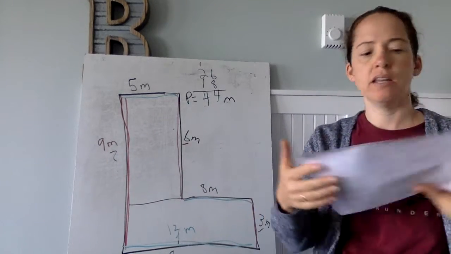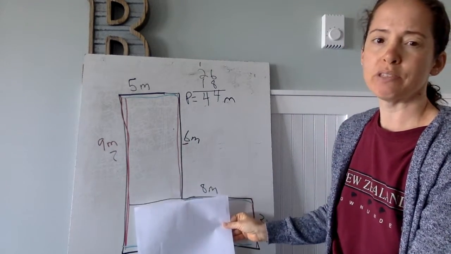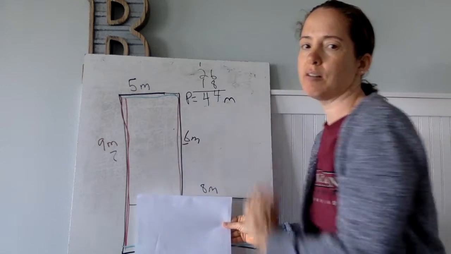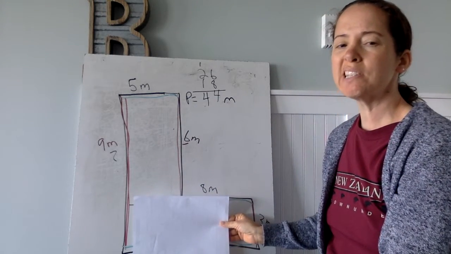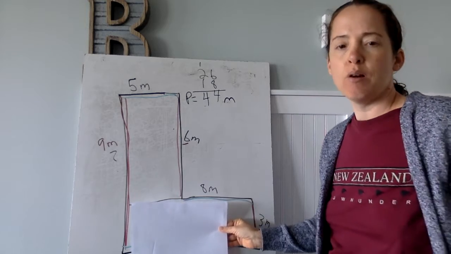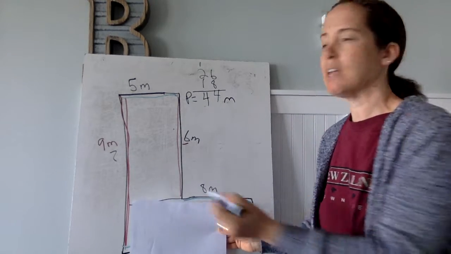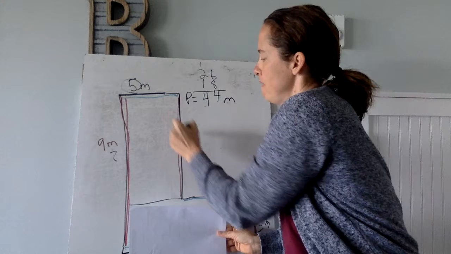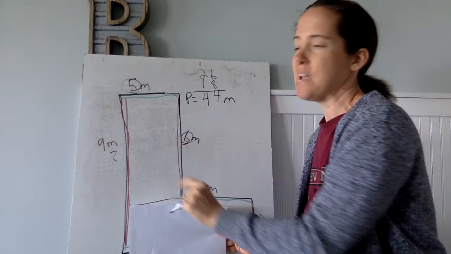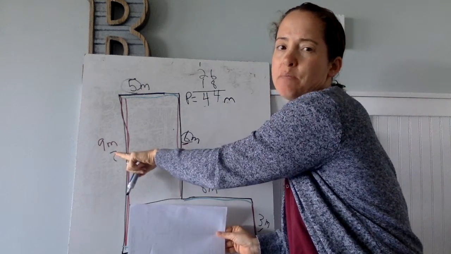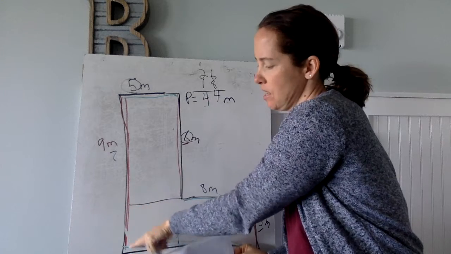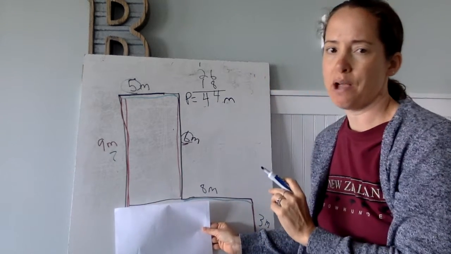So let's pretend that I'm going to cover up this whole bottom part. I'm just going to consider this rectangle. What is its length and width? Well, I know its width and length are 5 and 6. It's not 5 and 9 because 9 goes all the way down here, and we're only considering this amount.